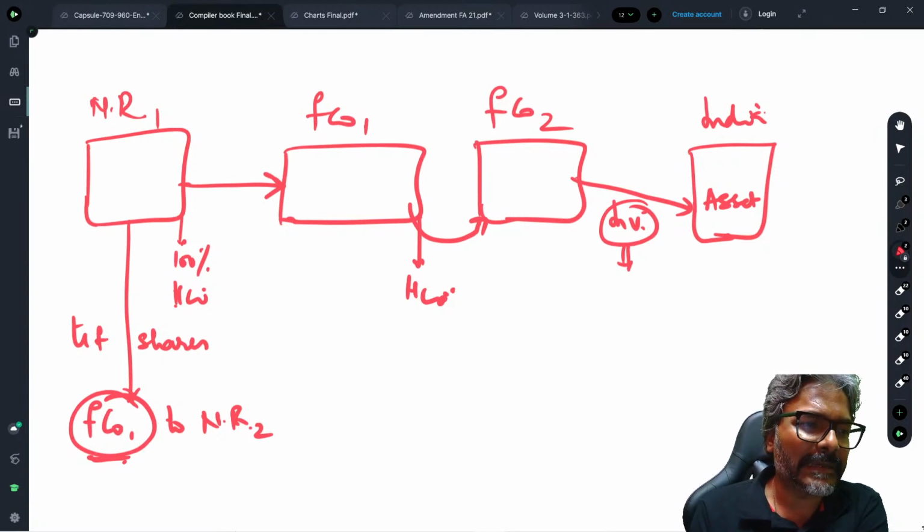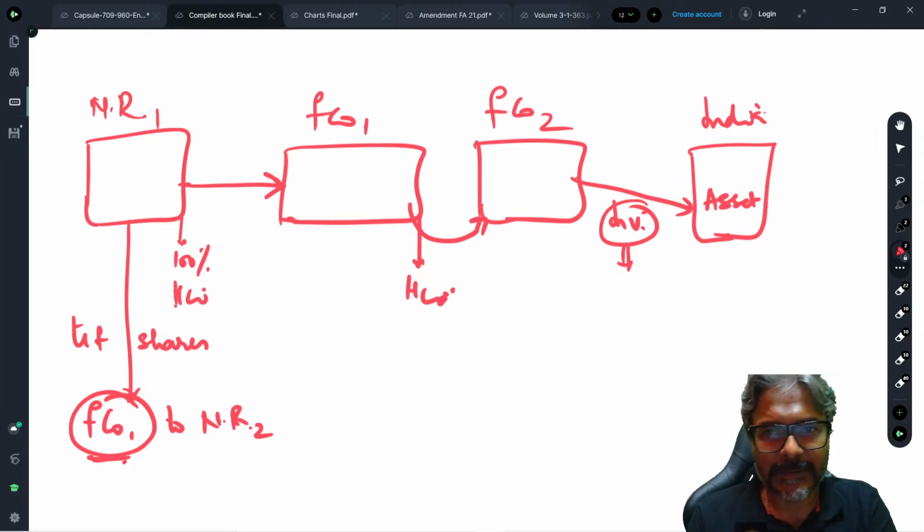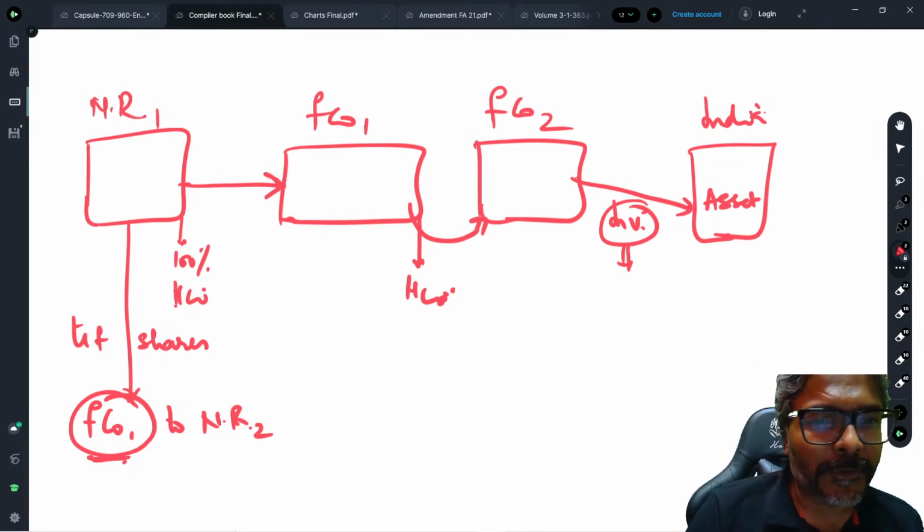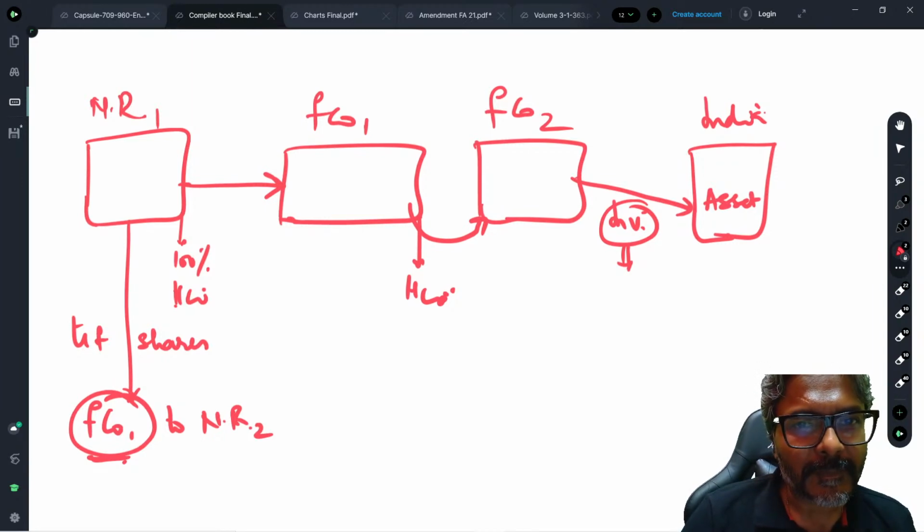Quickly, in the examination, once this question is there, the substantial condition that would be considered would be for FCO 1 or FCO 2.